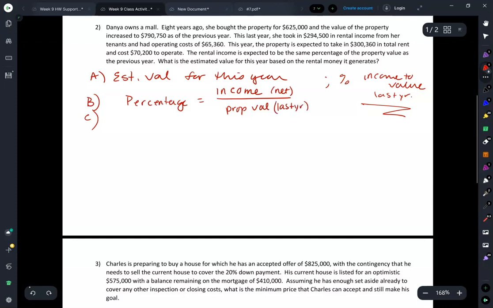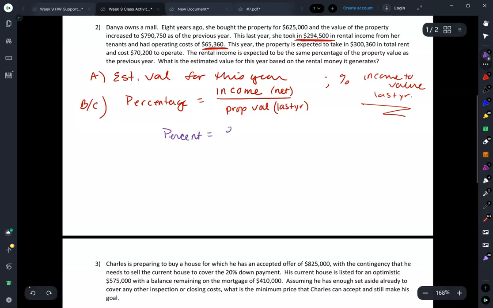So to get the net income, we need to subtract what she took in. Right here, we have to take what she took in and subtract the costs, $65,360. So that's going to give us this value here.